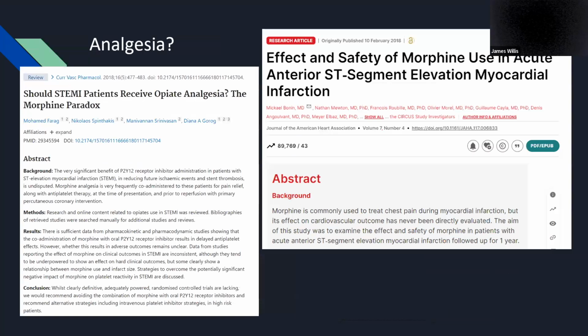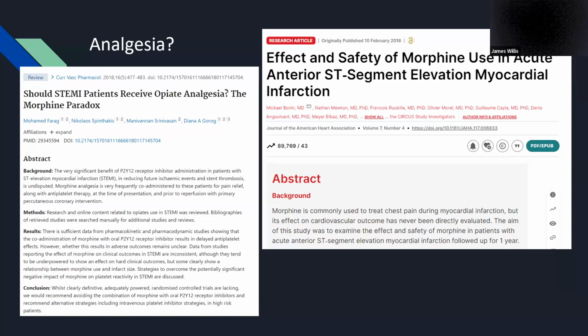The other thing was, if you looked at that timeline, we didn't give our patient any pain meds. I think that's really important because everyone should be getting analgesia. There's a little controversy around morphine, whether it interacts with some of the antiplatelet or anticoagulation medications. One study says it does, but this is from, I believe, the American Heart Association.